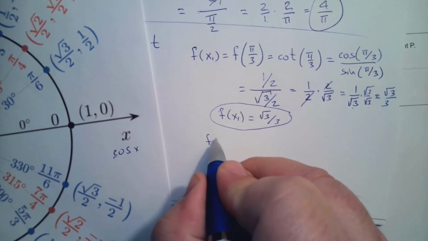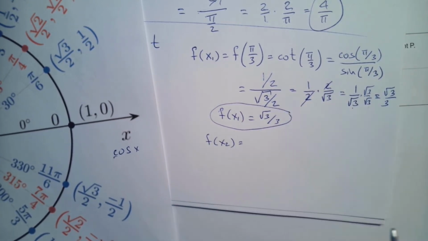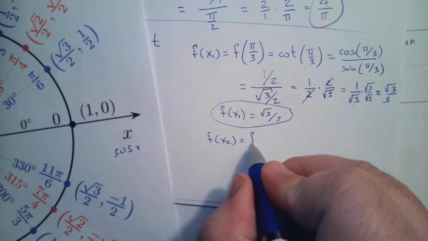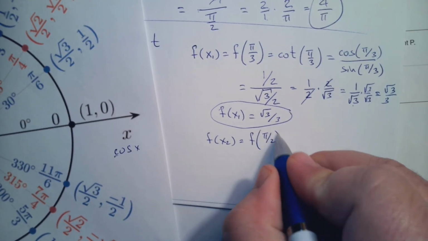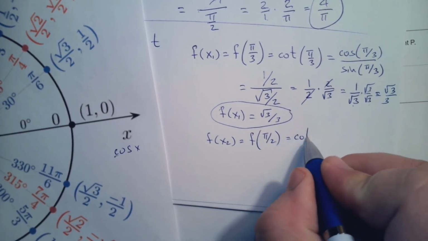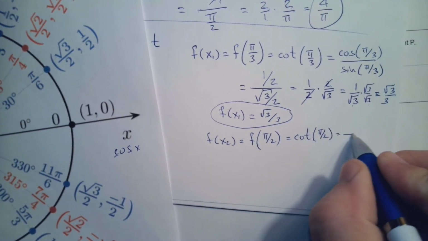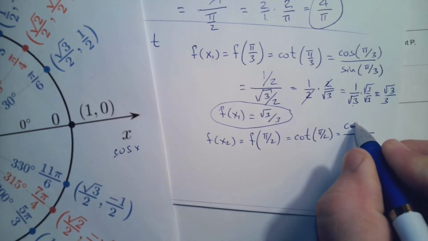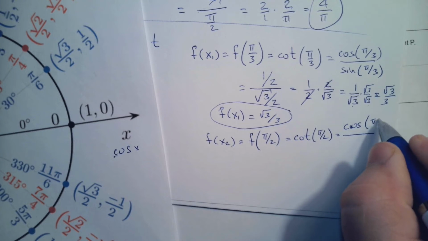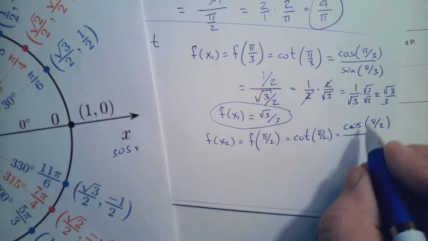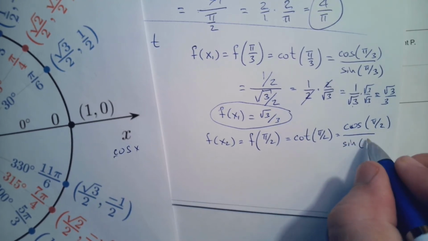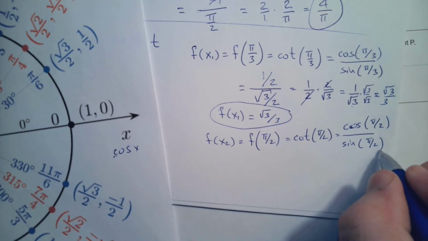Do the same thing with f of x2. F of pi over 2. The cotangent of pi over 2 is cosine pi over 2 over sine pi over 2.